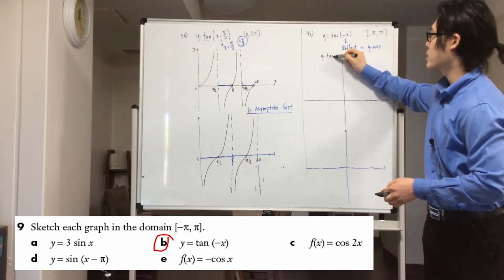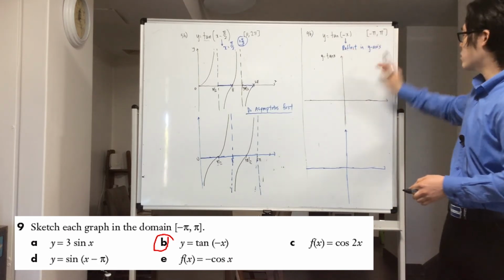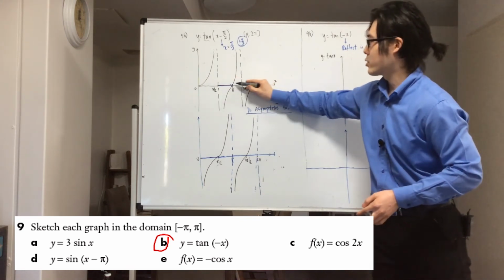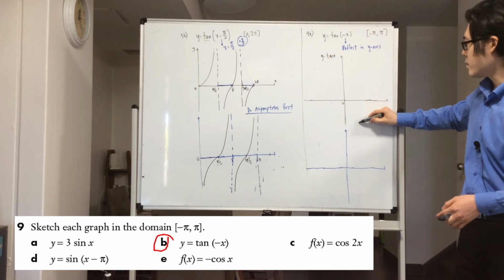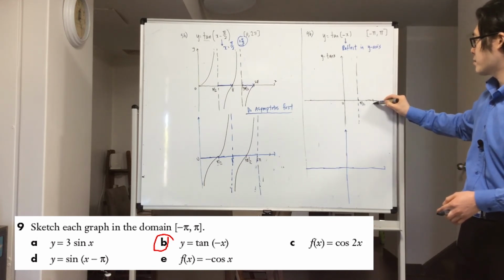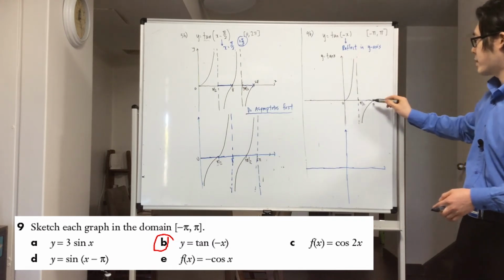Let's just draw tan x to start off with. So now I'm going to do it on the positive side first. So we've got 0, just copying that, but just up until pi. So that's pi over 2. That's pi there. Okay, so just up until pi on this side.